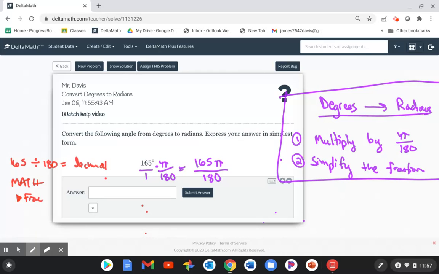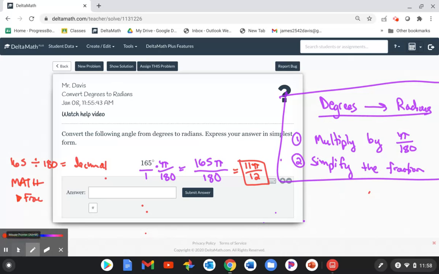You press enter on that, and it turns it into a fraction. It'll tell you it's 11 twelfths. So this is 11 pi over 12, because 165 over 180 simplifies to 11 twelfths. And that's basically it on that one.